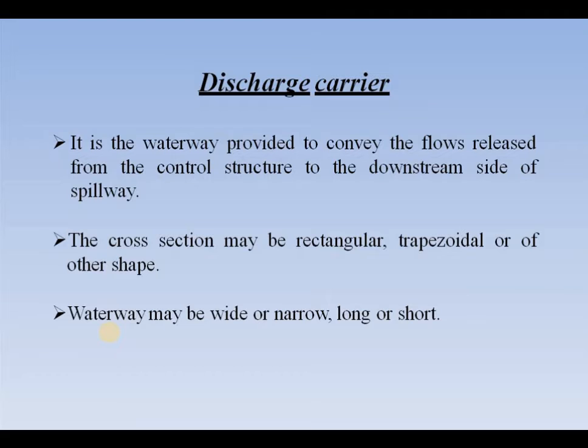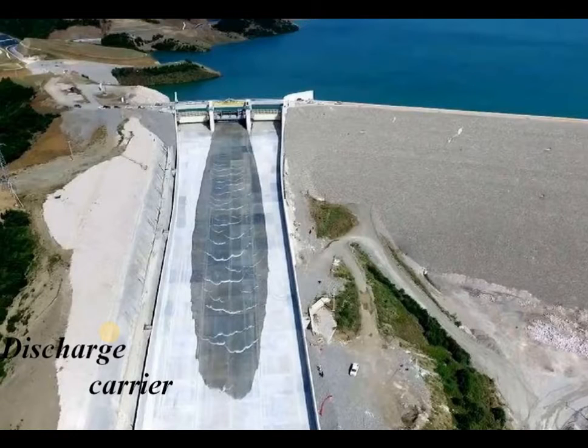The cross section may be rectangular, trapezoidal or of another shape. The waterway may be wide or narrow, long or short. You can see this is the discharge carrier.